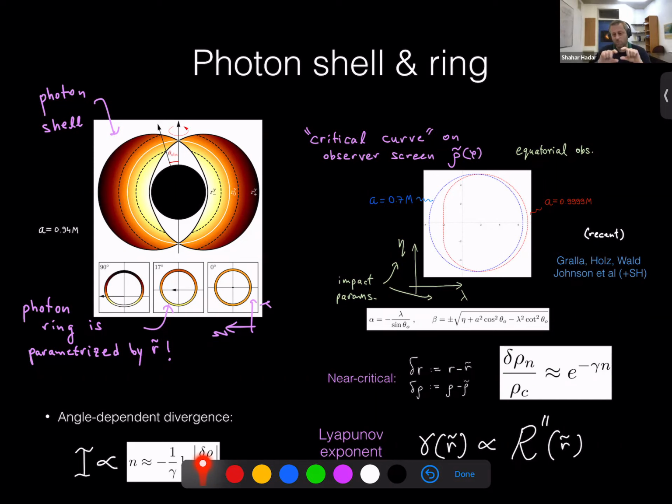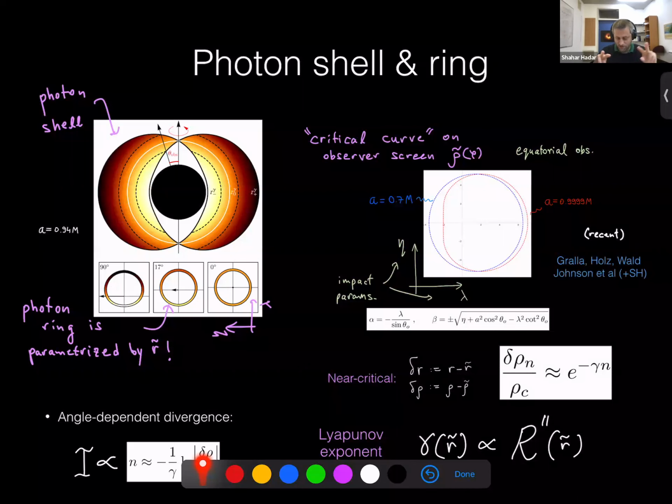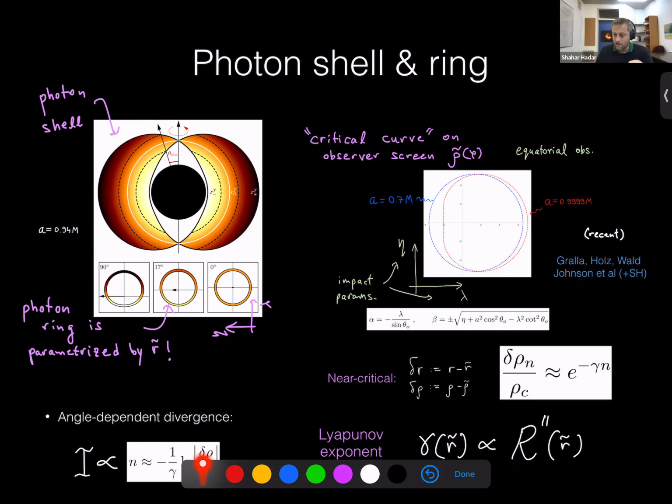And there's also a region on the screen. You can divide your screen into subrings, which are defined just by the lensing. I'll try to draw it here. Let's say we have this critical curve here. We can call this subring n equals 1.